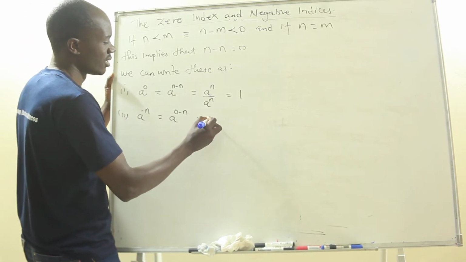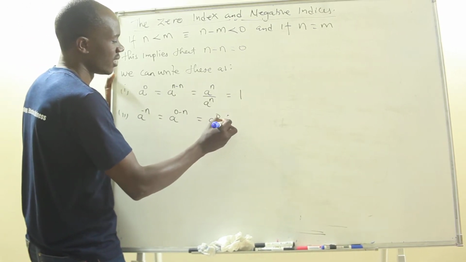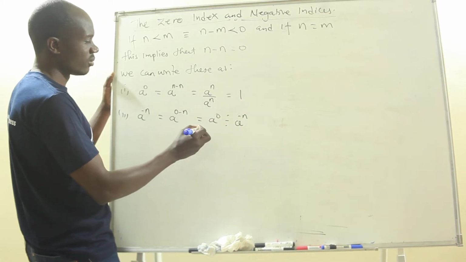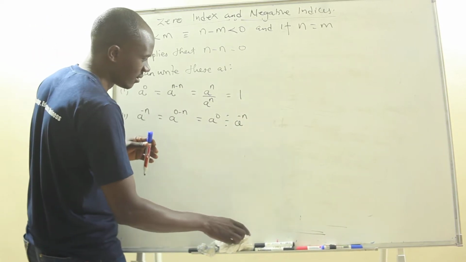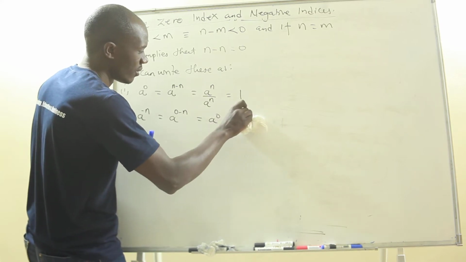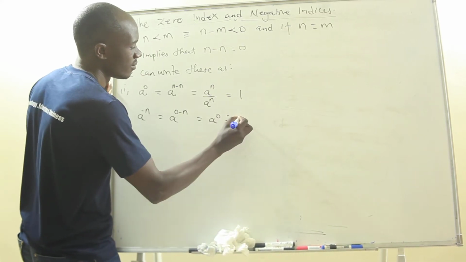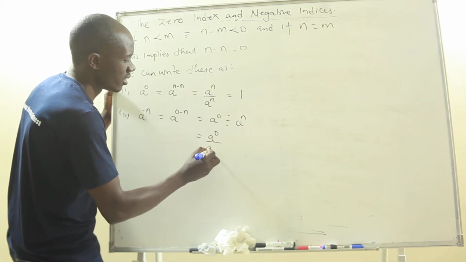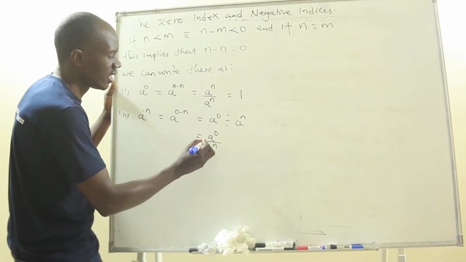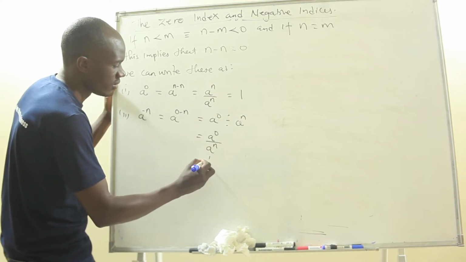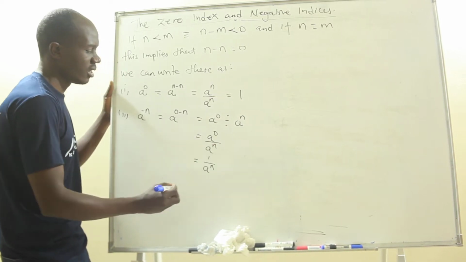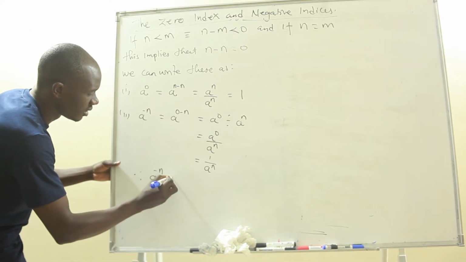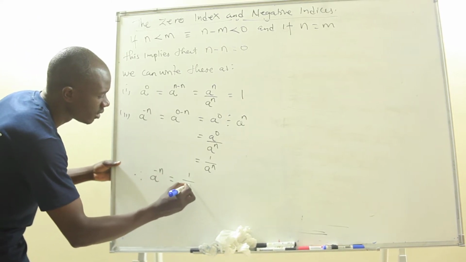This is the same as a power 0 divided by a power n, which is the same as a power 0 out of a power n. So we say a power 0 is the same as 1, so therefore a power negative n is the same as 1 out of a power n.